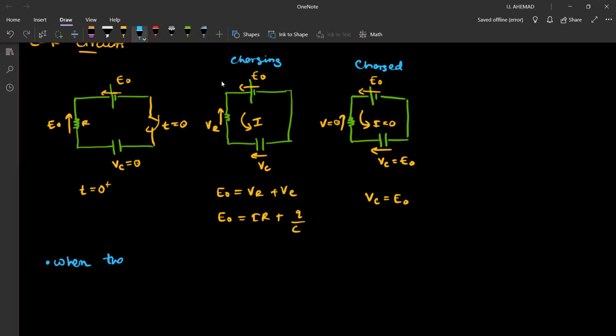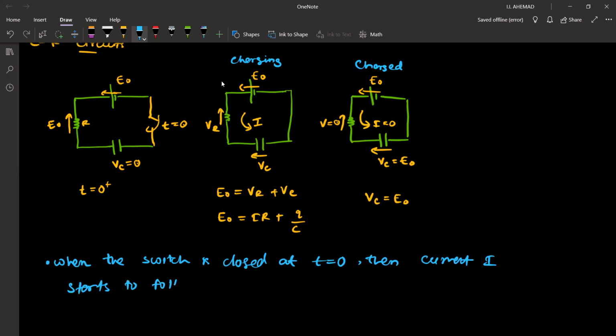When this switch is closed at T is equal to 0, then current I starts to flow, and the capacitor starts to get charged.